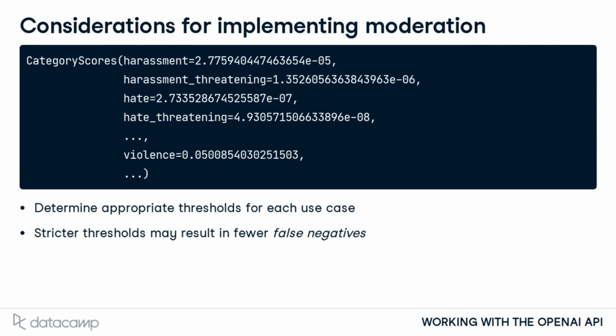The goal here would be to minimize the number of missed violations, so-called false negatives. Other use cases, such as communications in law enforcement, may use more lenient thresholds, so reports on crimes aren't accidentally flagged. Incorrectly flagging a crime report here would be an example of a false positive.